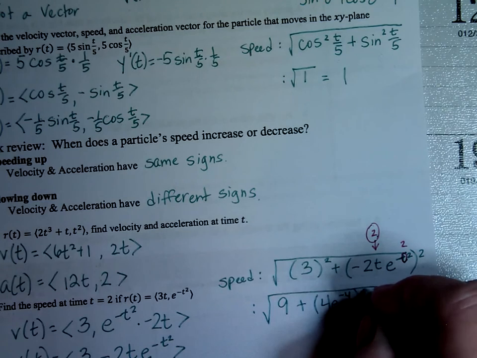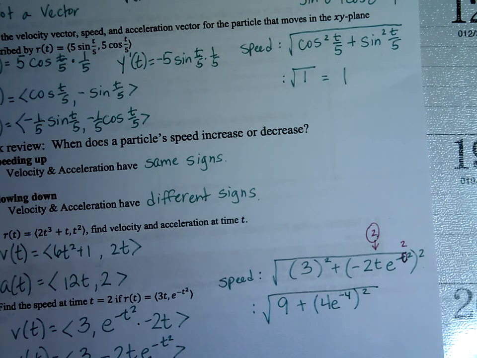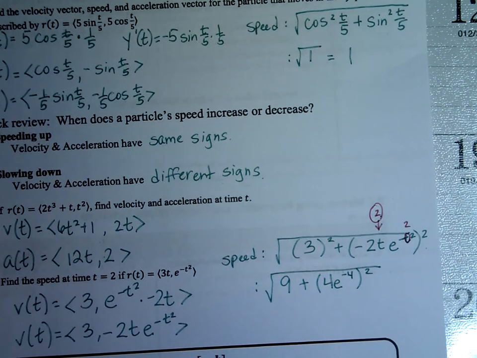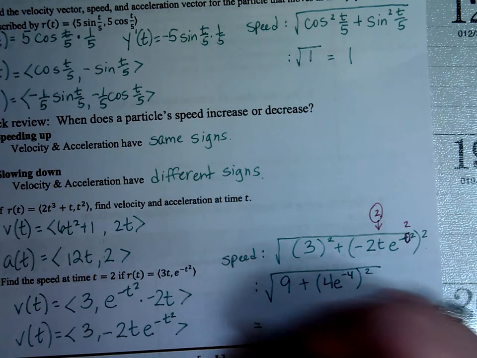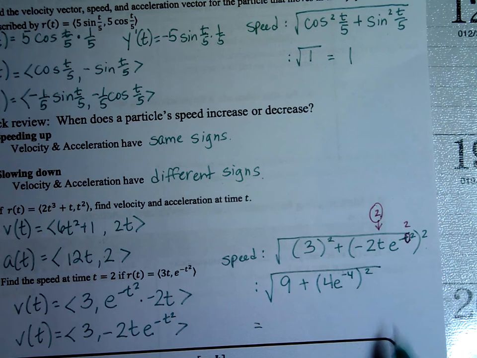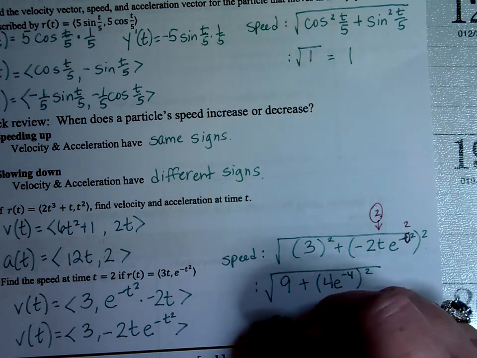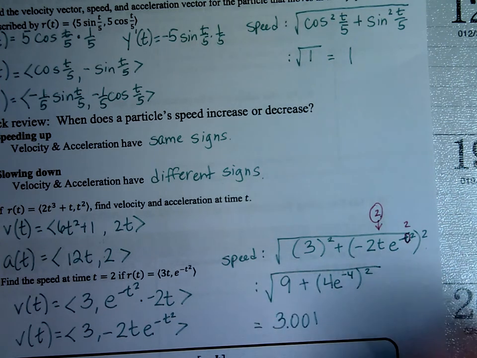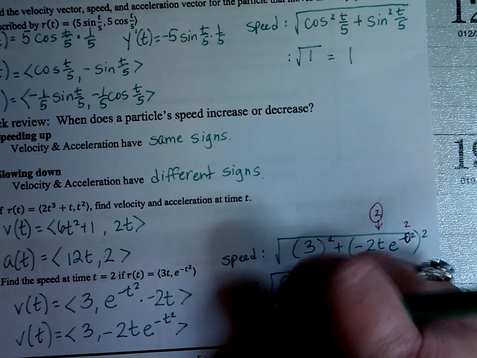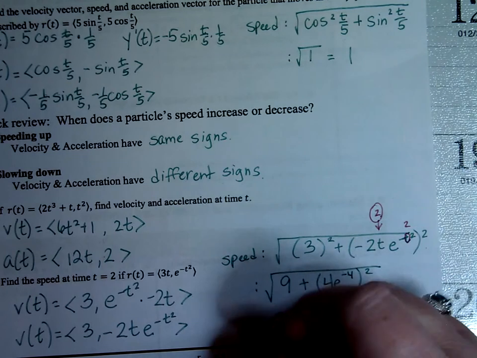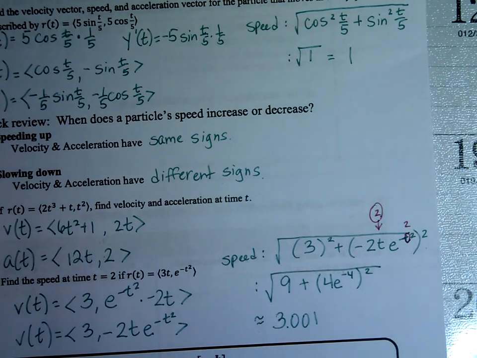And that whole thing is being squared. So I replaced my t's with 2's. And now I go to my handy dandy calculator and I say, Mr. Calculator, what shall this come out to be? And so I take the square root of this and put my e's in, and I get the number, and it's actually 3.001 or so. You could say it's an estimation. If you want to do those squiggly equal signs, that's cool too, because it's not an exact answer. You rounded it, and there it is.